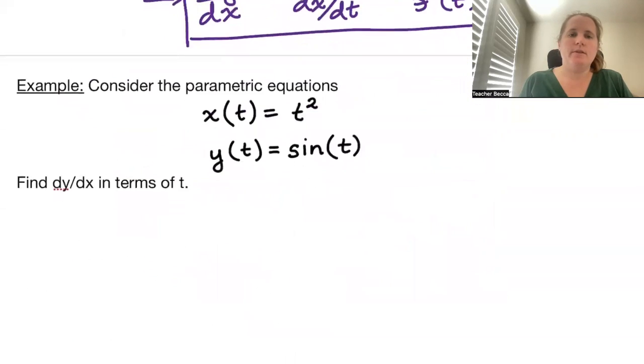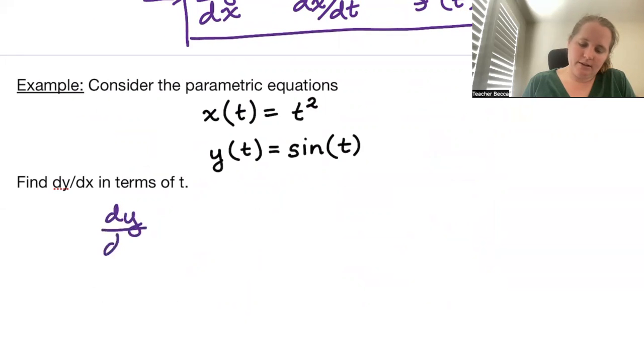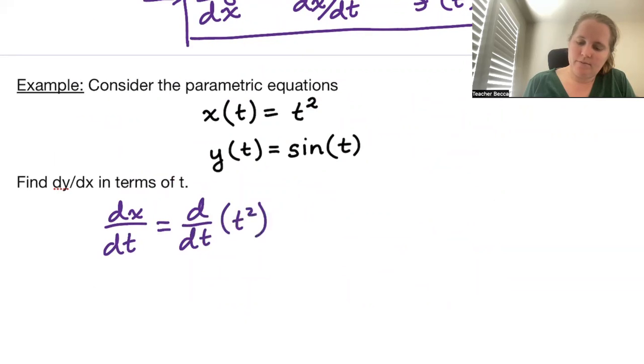So for example, let's consider the parametric equations x of t equals t squared and y of t equals sine of t, and find dy dx in terms of t. So first we have dy dt, or we could do dx dt first. Dx dt is just the derivative with respect to t of t squared, is simply 2t.